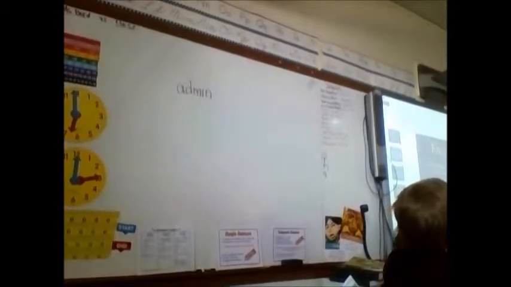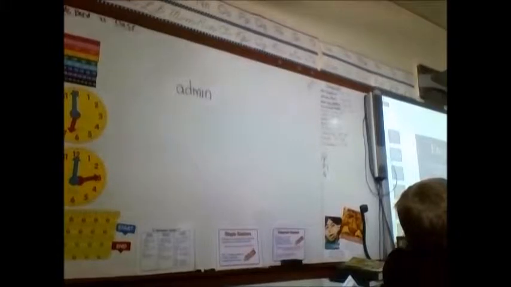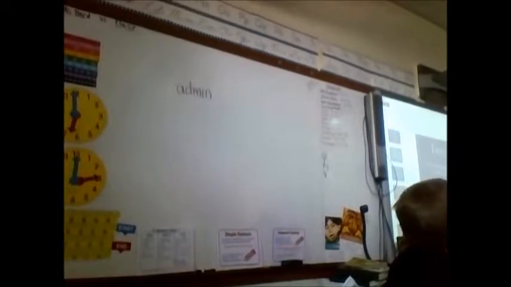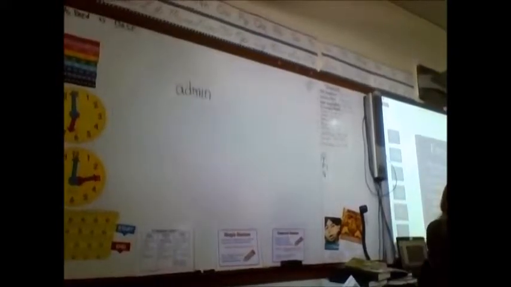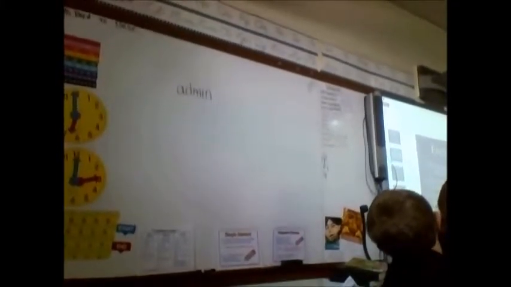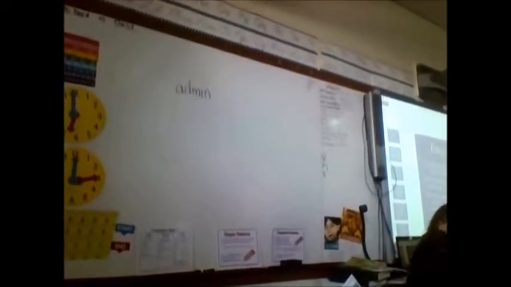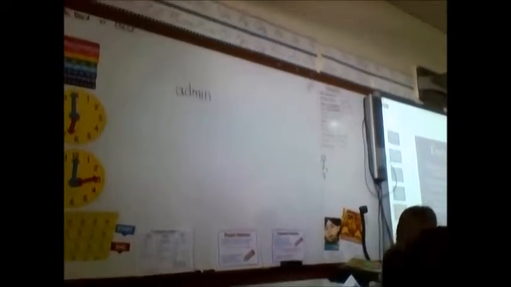Okay, and Matthew, do you want to read the second one? If you need to, you can come a little closer. Encyclopedias are used to look up facts on everything from animals to outer space. Elijah, do you want to read that third one?